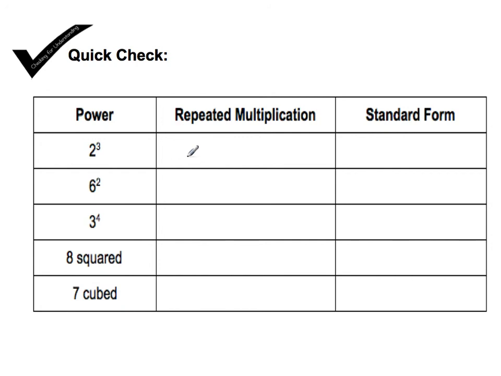So here we have repeated multiplication. This is a base of 2, and it tells me I multiply it 3 times. I have 3 factors of 2. Standard form is just a fancy way of saying the answer.